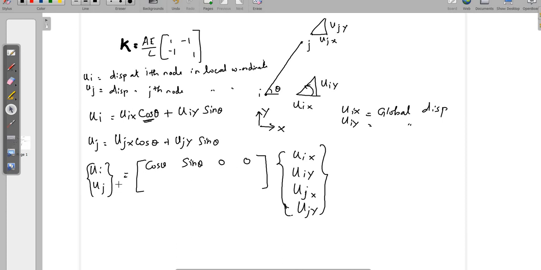Similarly, in the second equation, there is no representation of i, so the first two elements are 0. The next element, the coefficient for Uj X, is cos theta, and the coefficient for Uj Y is sin theta. This matrix is called the transformation matrix T.